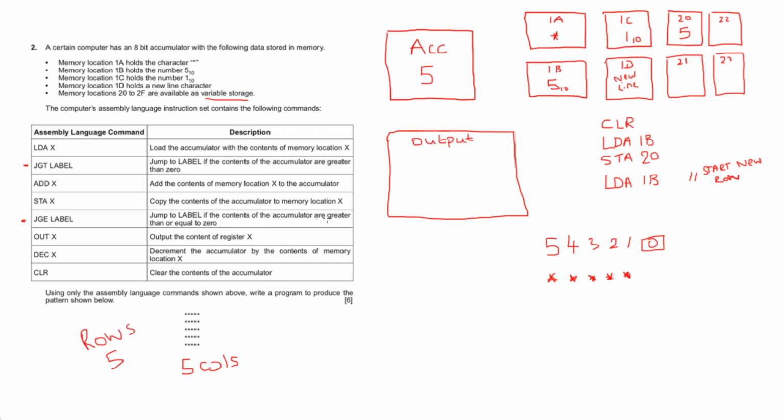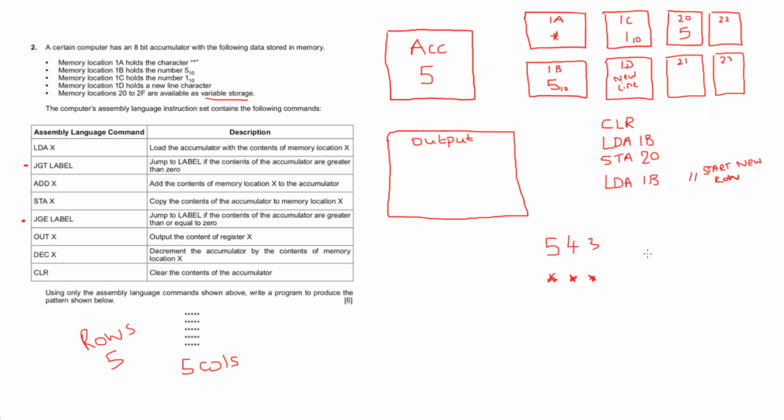This one says jump to label if the contents of the accumulator are greater than 0. Now I think I need this JGT because this is all greater than 0, so I want to jump back if they're greater than 0. Okay, now that might not make sense at this point.